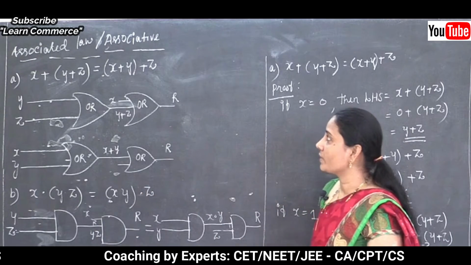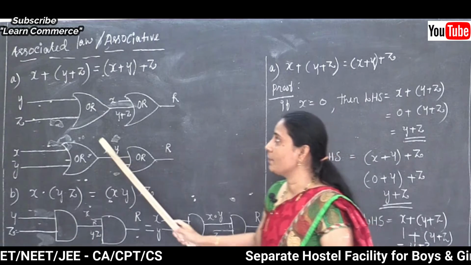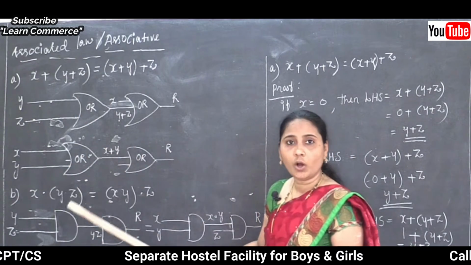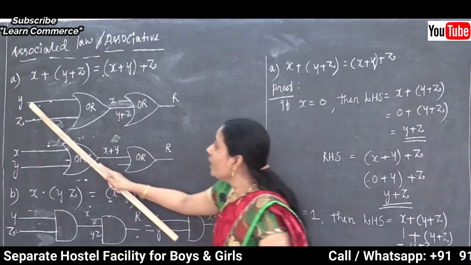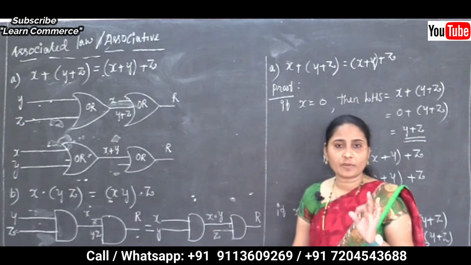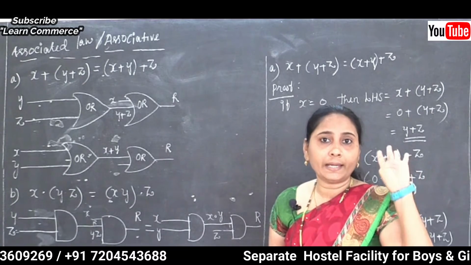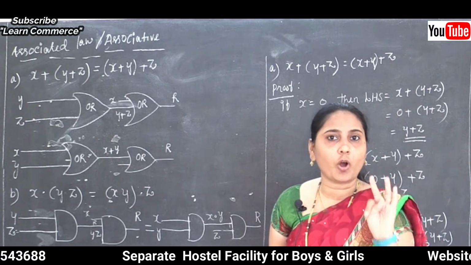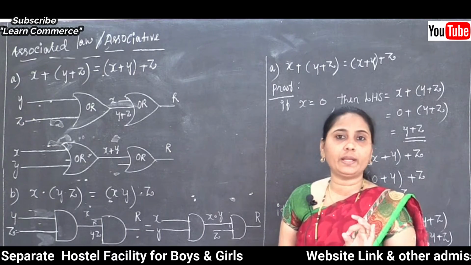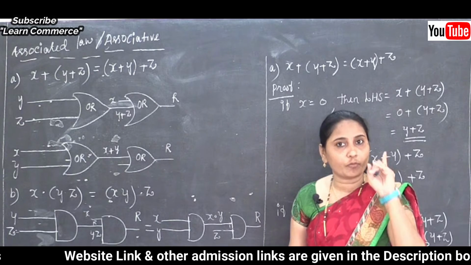Before going to prove, first I am completing the symbol for the first law. We know that in a Boolean expression, first importance is given to the not operator, then the and operator, and lastly the or operator. But if any expression is in parentheses, it is calculated first.